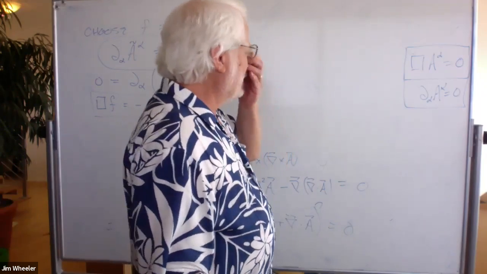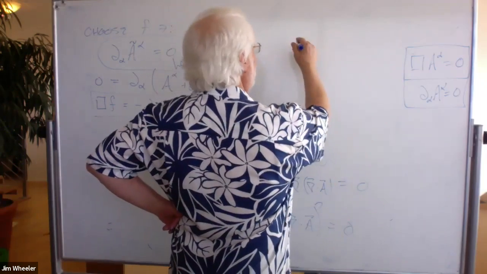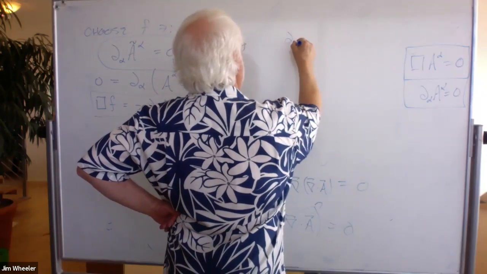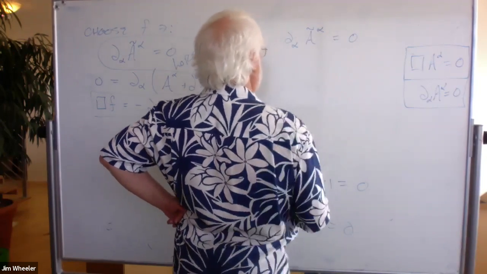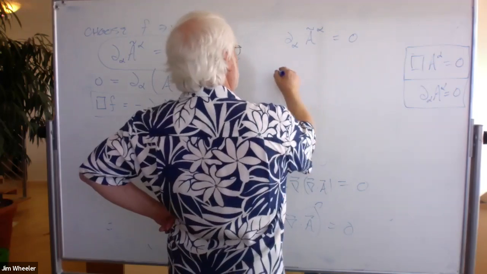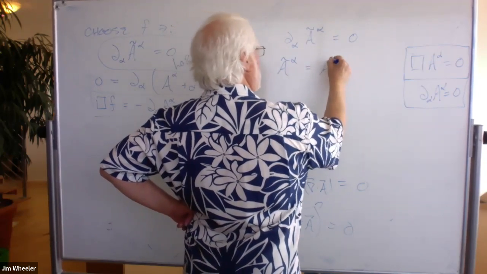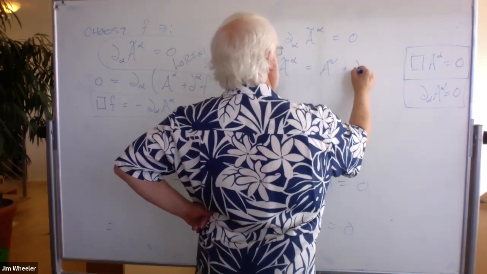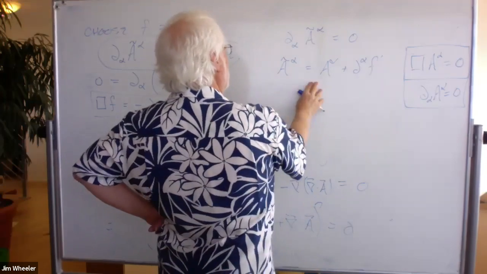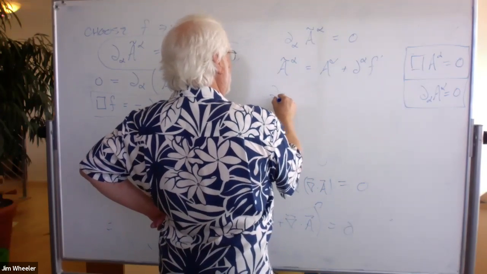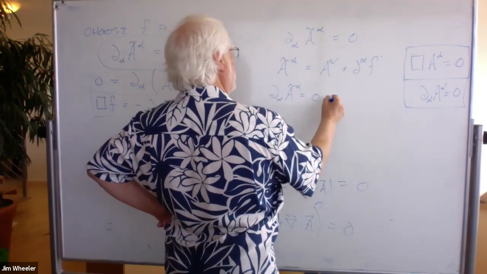It always happens that you make some nice gauge choice and there's still some freedom. So I can ask, is there an A tilde that still satisfies this, but has some freedom, where A tilde is this A plus some other function F. And so we still want to satisfy the Lorentz gauge condition.